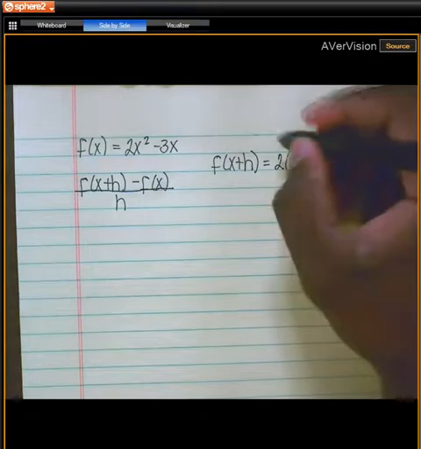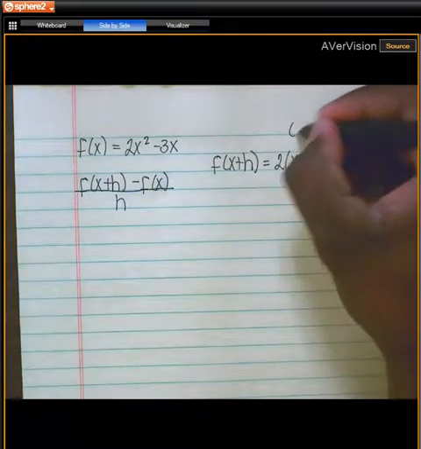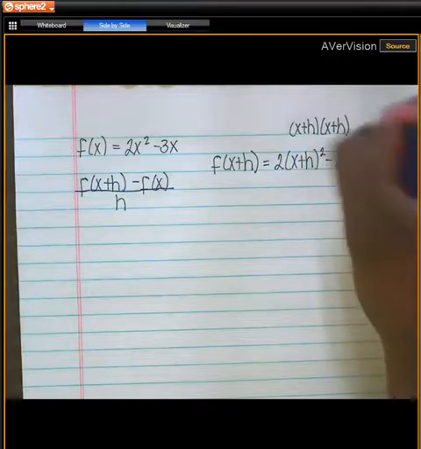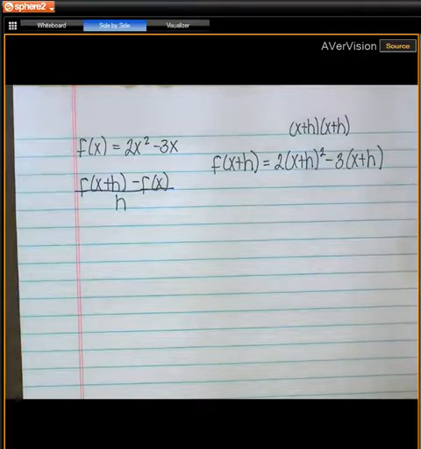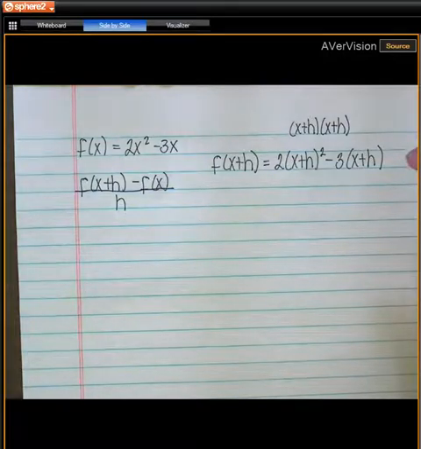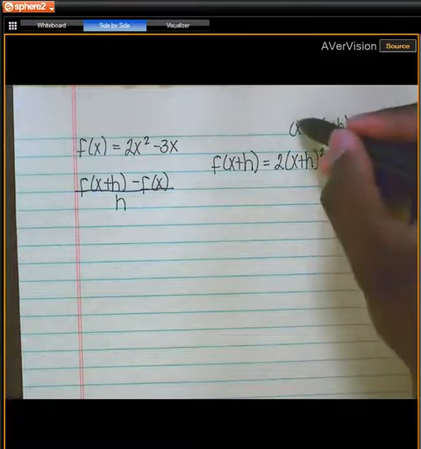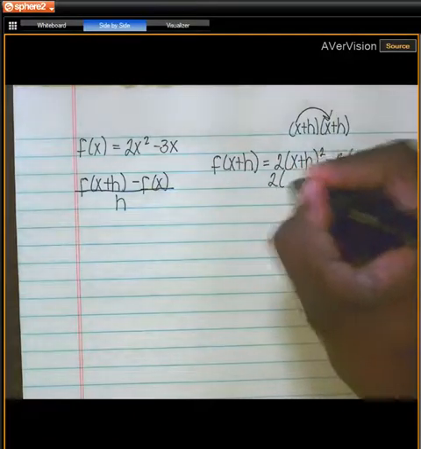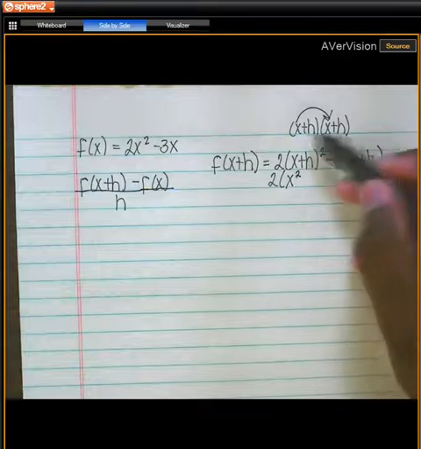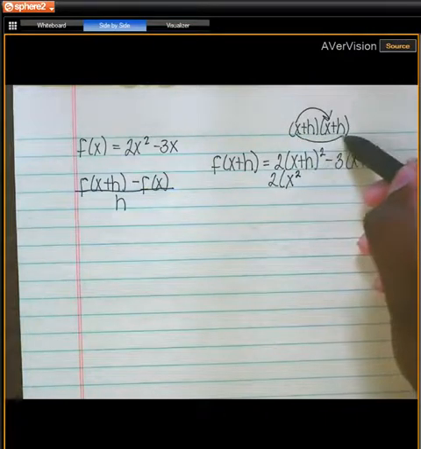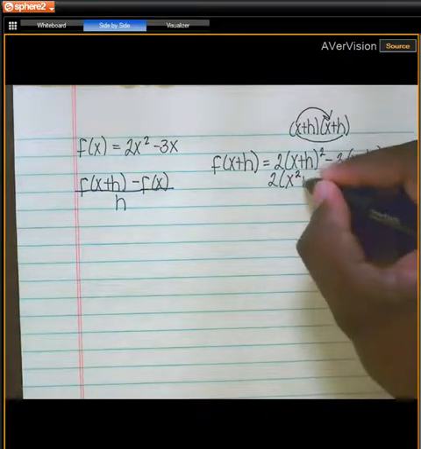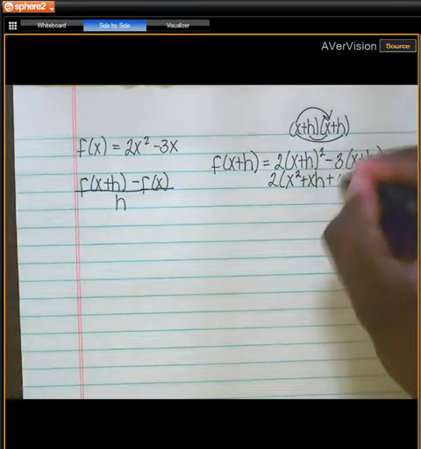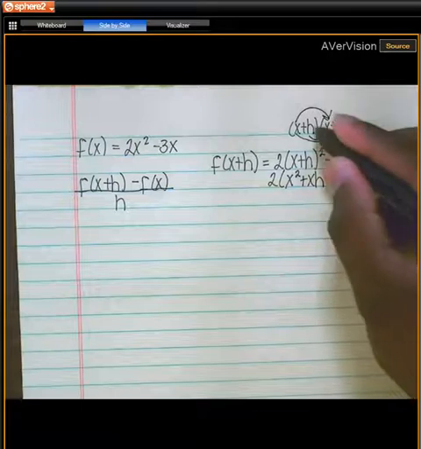We write it twice and then multiply. I'm not going too fast, am I? Are you good? All right. So we do x times x, times h times x, and then h times h.